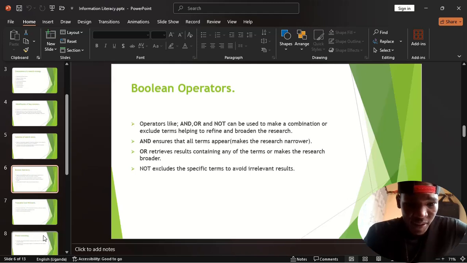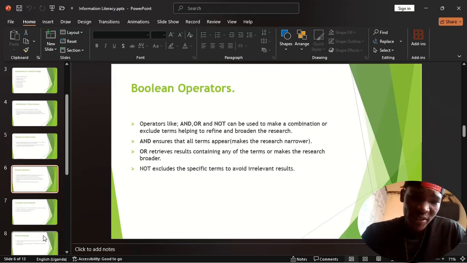By doing this, they help to refine and to broaden the research, to make the research wider. There are three of them. We shall go through them one by one, and we'll see how we can use these operators while performing a search strategy. We shall start with AND.